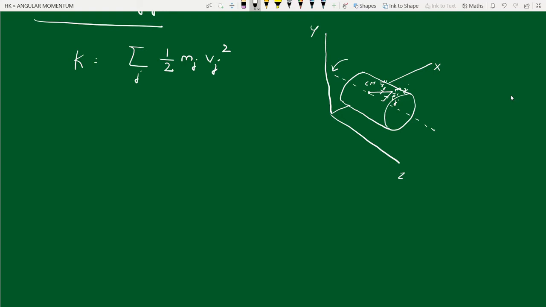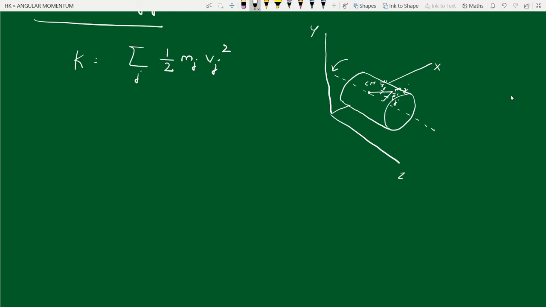So when we look at this rolling of this drum, the jth particle is also undergoing some motion, so it has some velocity vj. Now this motion of the jth particle we can split up into two parts.